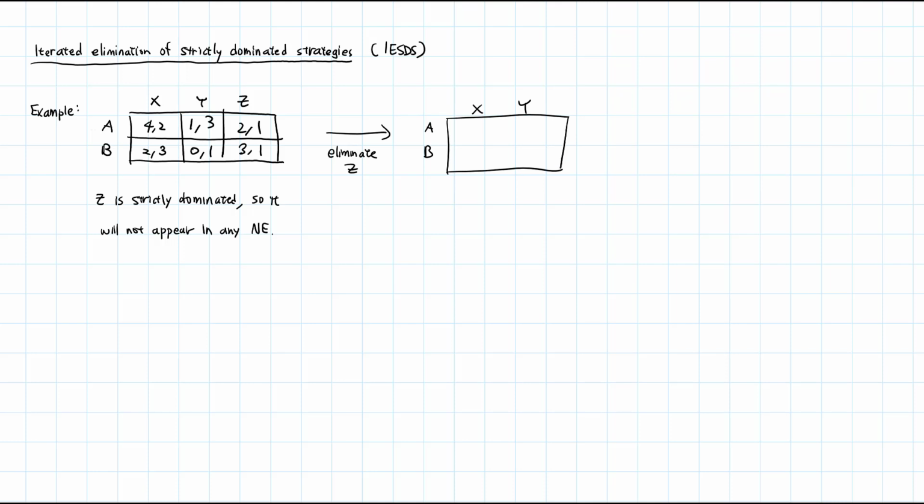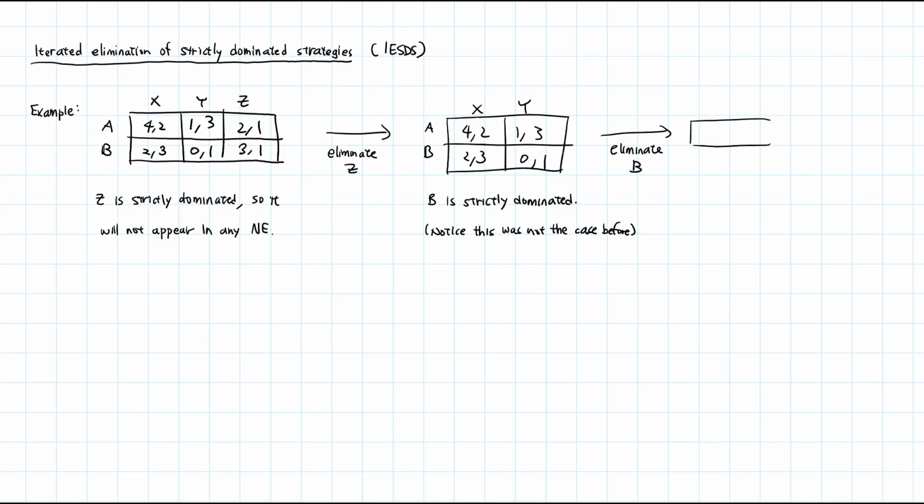Now we have a smaller game with two strategies each. Now in the smaller game, we see that B is a strictly dominated strategy for player 1. Now notice that B is strictly dominated in this new game and not the original game. And now we can eliminate B from this game.